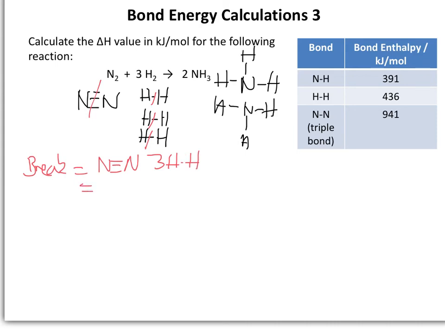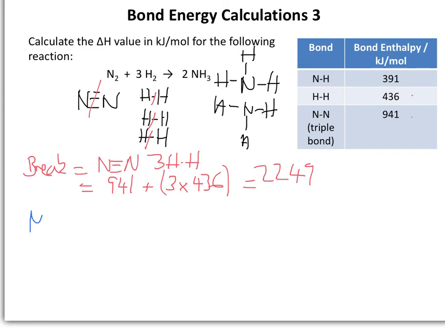Okay, so let's work out our numbers. That's 941 plus 3 times 436. And that comes to 2249.